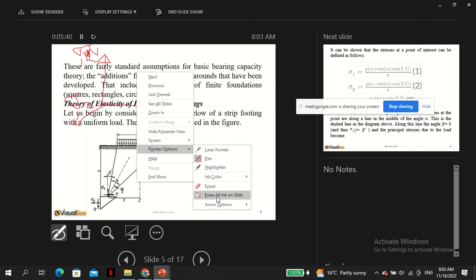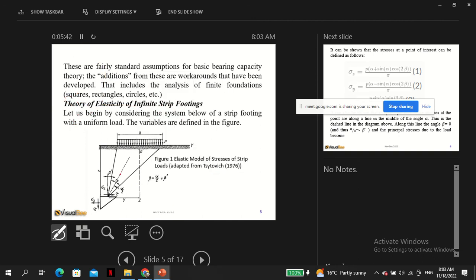So you can see this is the direction of one of the principal stresses, which means the others will be here at 90 degrees. So if this is sigma 1, sigma 3, and that's sigma 2.